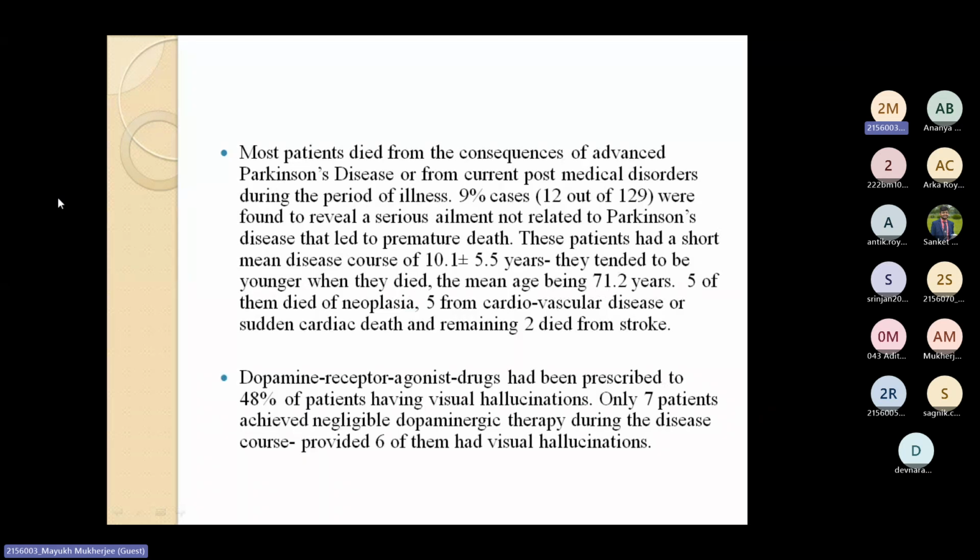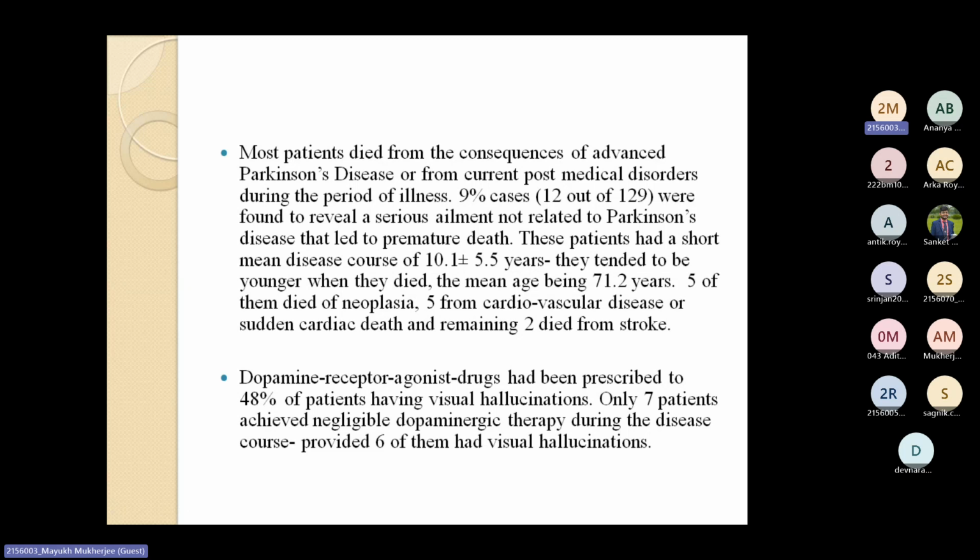Now, a keen observation that we need to focus on is that during this consensus, about 9% of cases, 12 out of 129 patients, were found to reveal a serious ailment not related to Parkinson's disease. This was an unknown disease which was not related to Parkinson's and was completely exclusive. It led to premature death. These patients had a short mean disease course of 10.1 plus minus 5.5 years, that is, approximately 5 to 15 years.